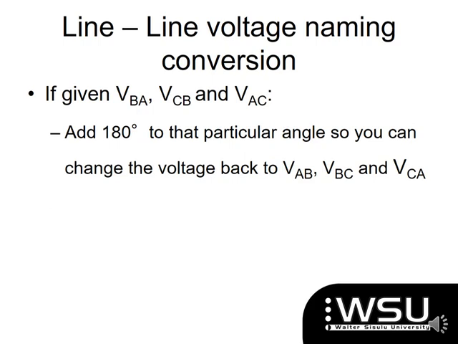Now, if you are given voltages that are named VBA, VCB, and VAC, you need to know these are not how we call our voltages. All right? So what this means is that in order for you to go back to our normal voltages, which are VAB, VBC, and VCA, I must add 180 degrees to whatever angle I'm given of VBA or VCB or VAC.